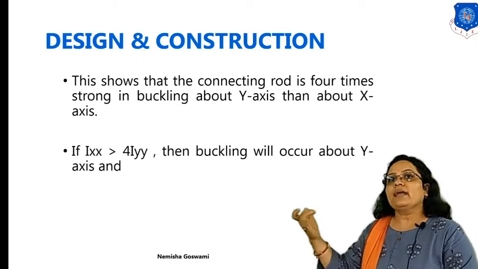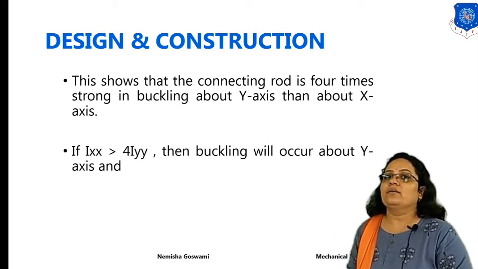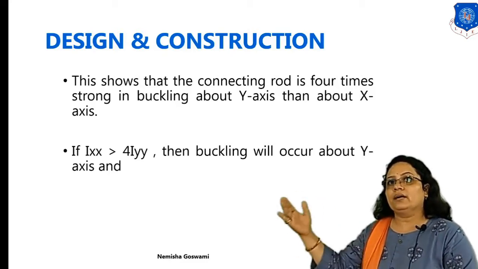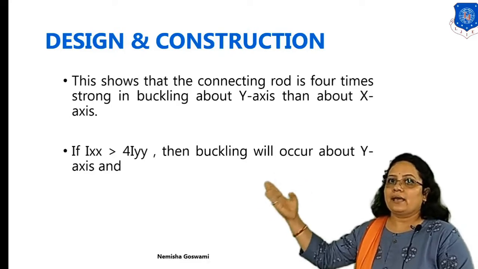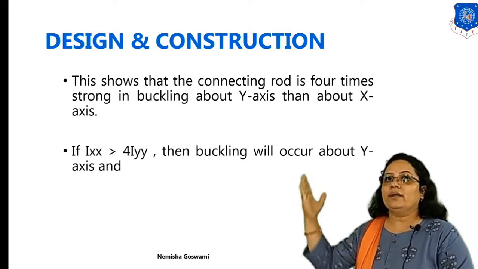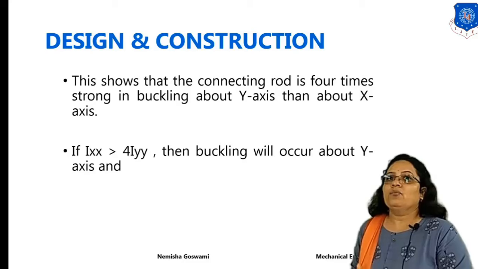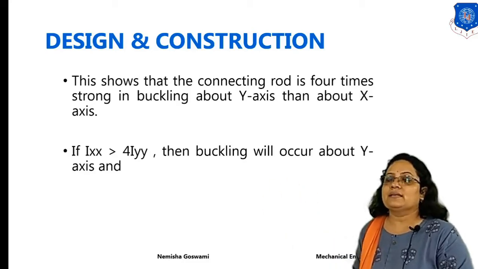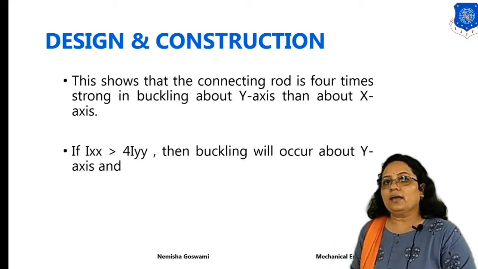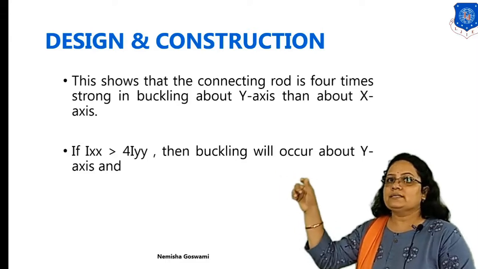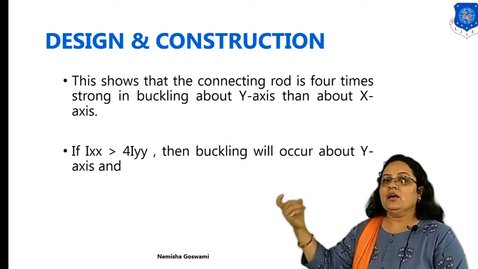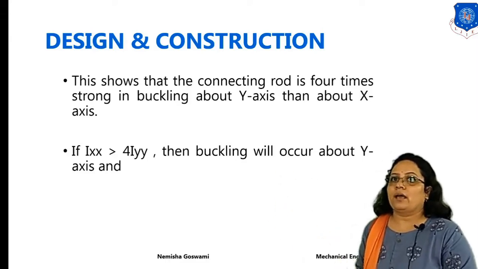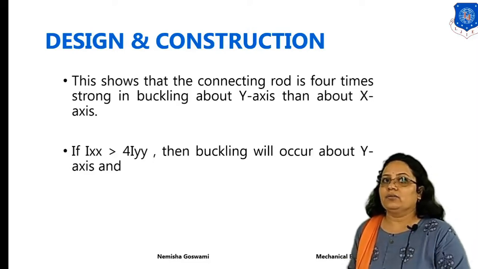When the moment of inertia about the x-axis is greater than 4 times the moment of inertia about the y-axis, buckling will occur about the y-axis, because 4Iyy is less than Ixx.